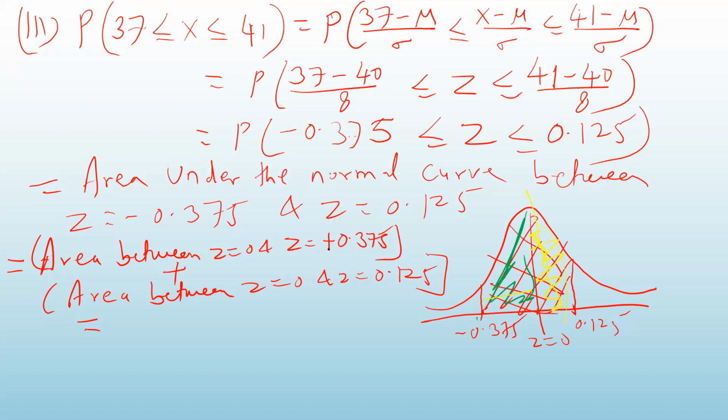So, the area between 0 and 0.375 is given as 0.1480. And the area between 0 and 0.125 is also given to you: 0.0517.